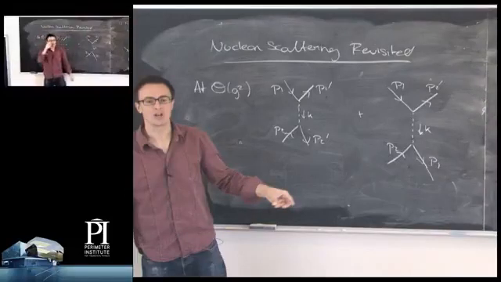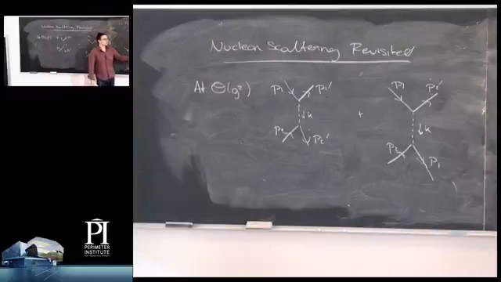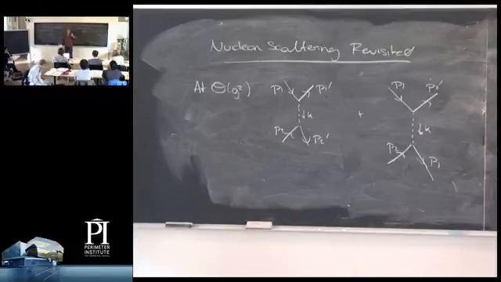For example, in QED, the dimensionless number, which is the coupling constant, is 1 over 137. So the first diagram is of order 1 over 137. The next diagrams are of order 1 over 137 squared, and so on. The series gets more and more convergent until you hit roughly the 137th term in the perturbation expansion.